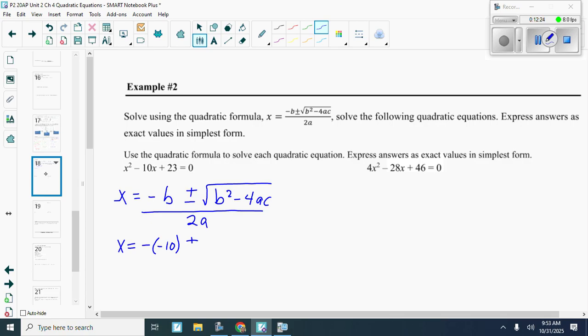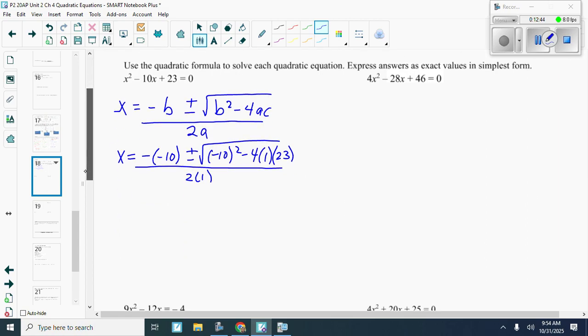Plus or minus the square root of negative 10 squared minus 4 times a and then c, and this is all over 2 times 1. So this is your substitution step. Show me the substitution. Now we can clean it up.